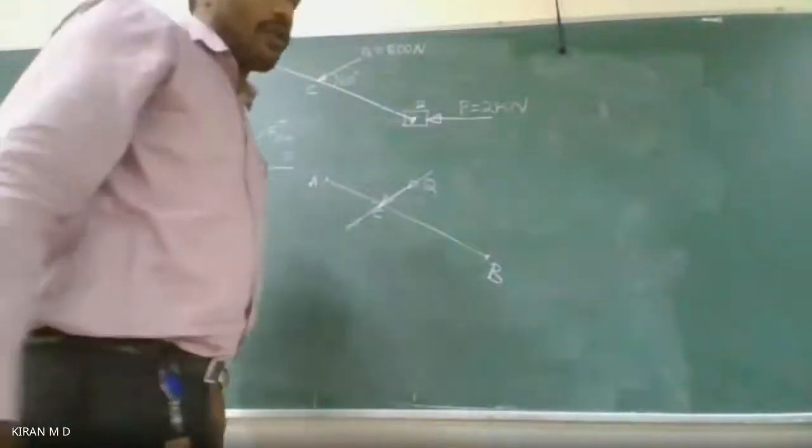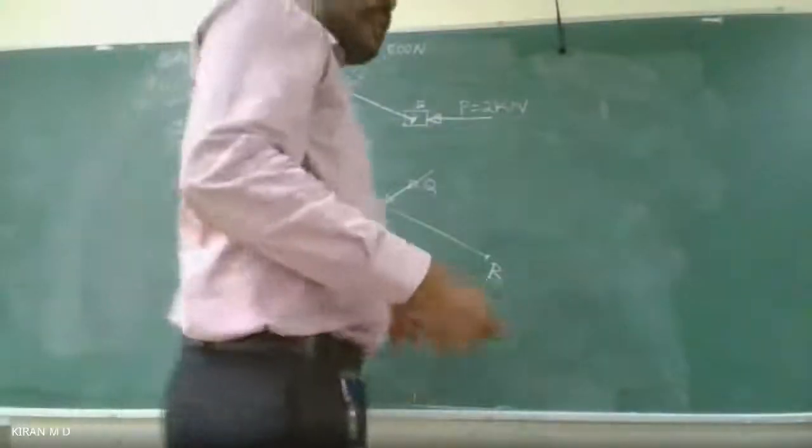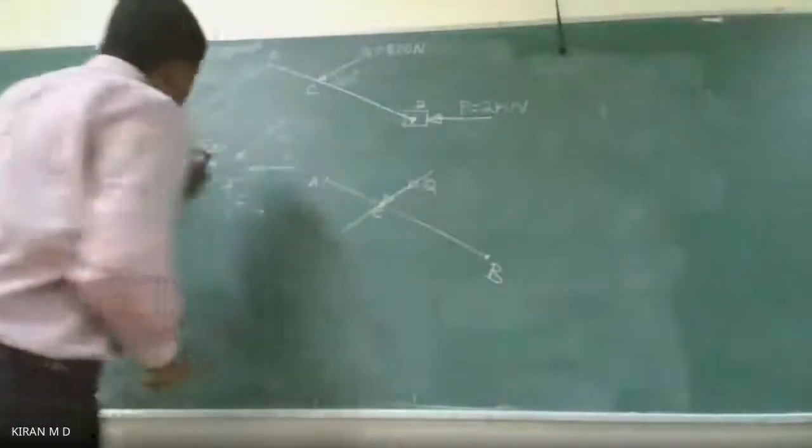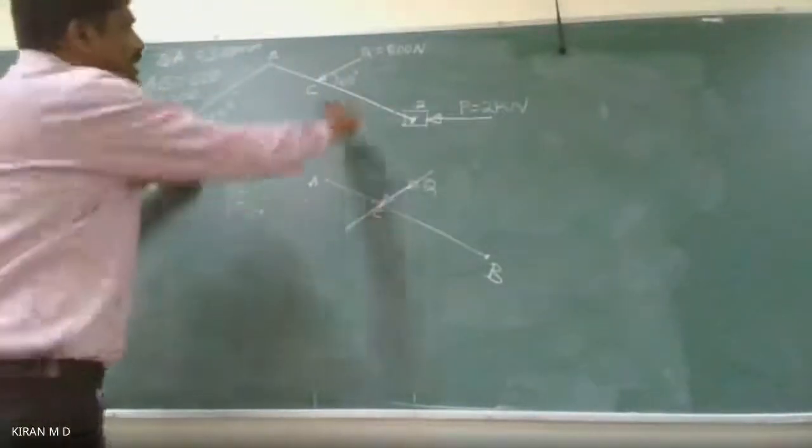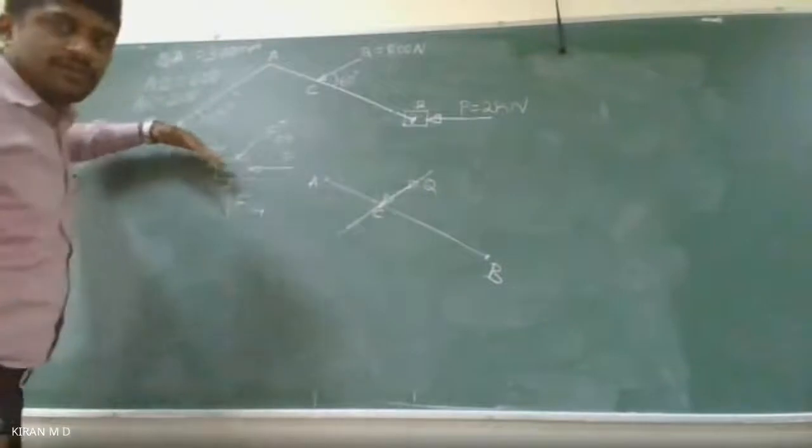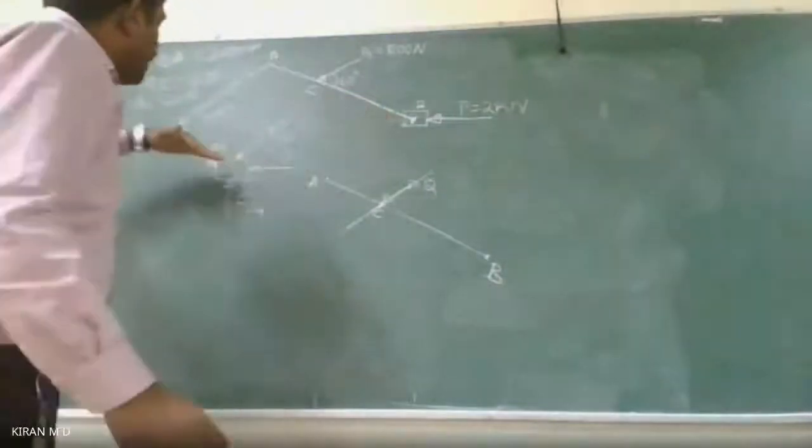In the other diagram, where you've drawn a box, this one, F34 that you've taken. F34 is this connecting rod.